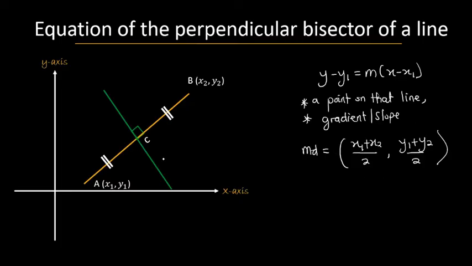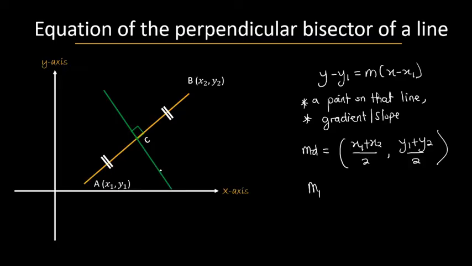Now, after calculating the midpoint, the next thing we need to do is to find the gradient of the line AB. If we find the gradient of that line AB, that becomes M1 as our gradient. We know that the line AB and the green line over here are perpendicular to each other.